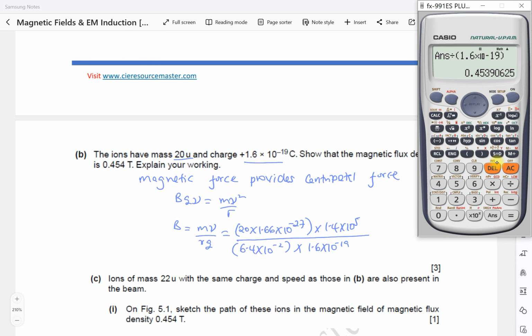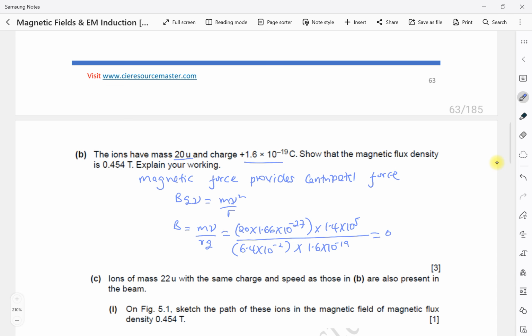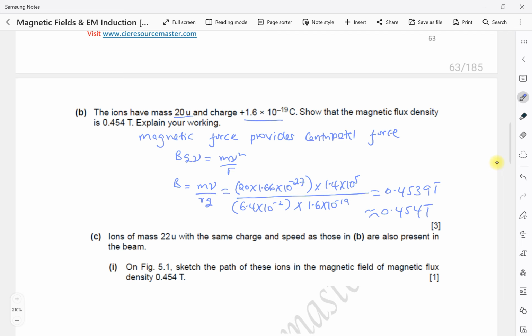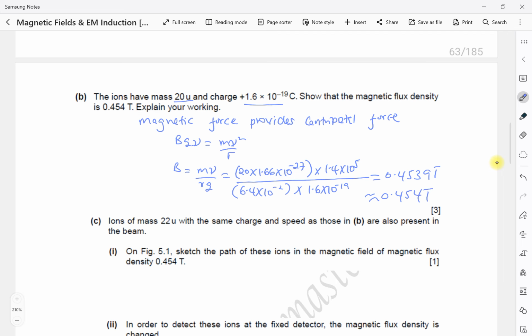So that is 0.4539 teslas, which is approximately 0.454 teslas as required.